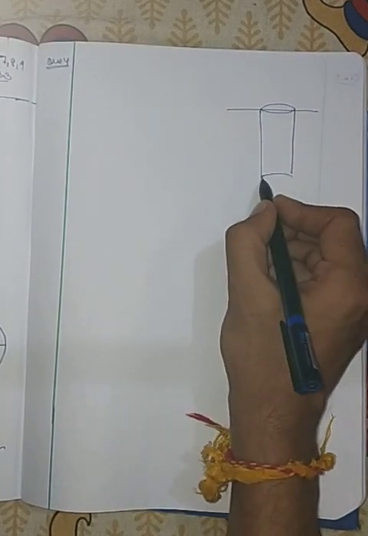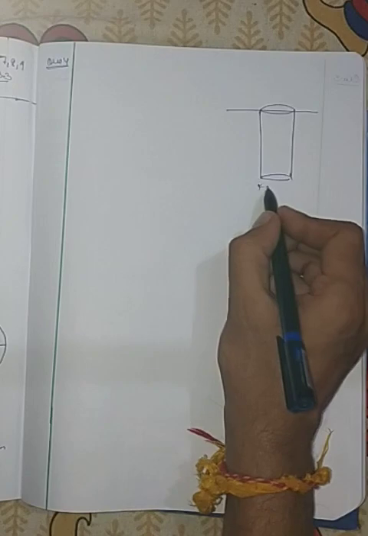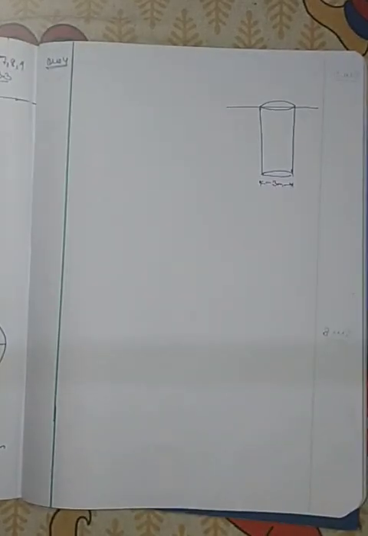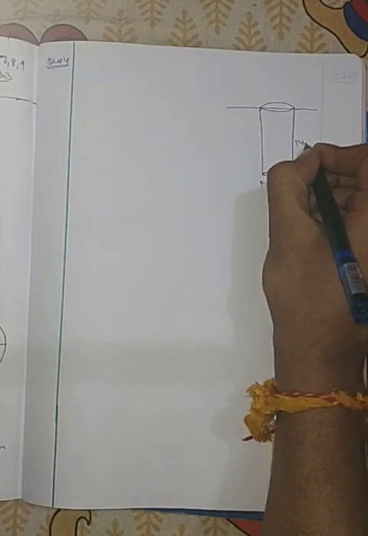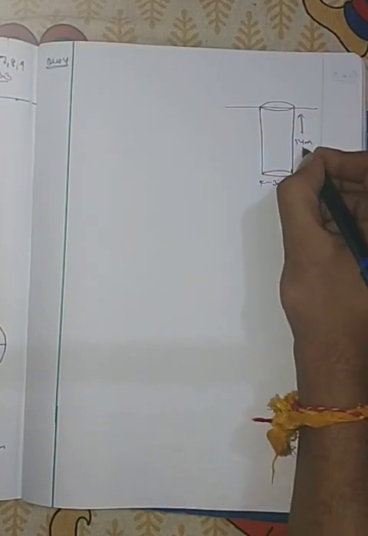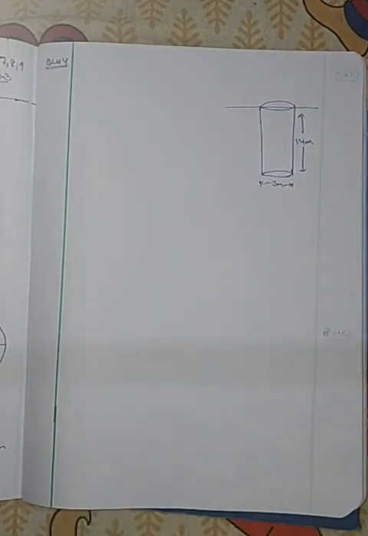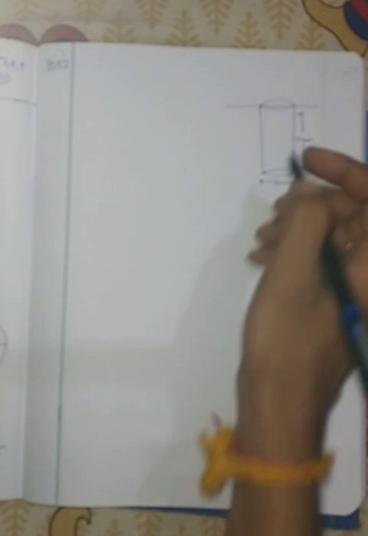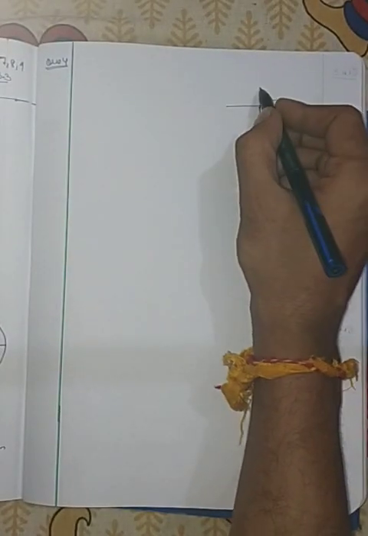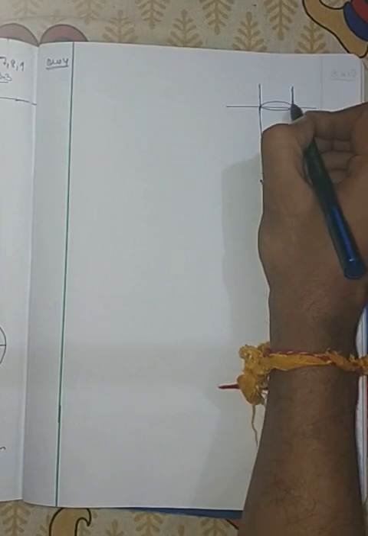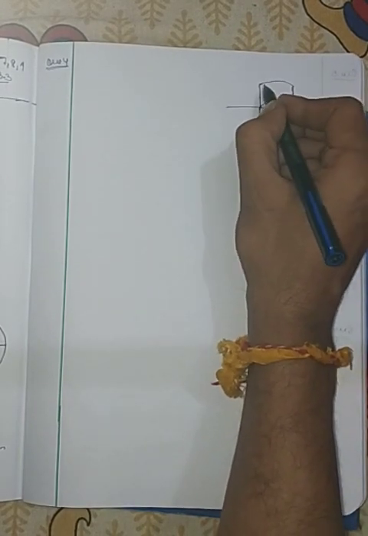The well's diameter is given as 3 meters, and depth is given as 14 meters. Whatever the earth, the sand, that is taken out of it is spread evenly around it, which means on this portion it will not be there, because the mouth of the well is there.